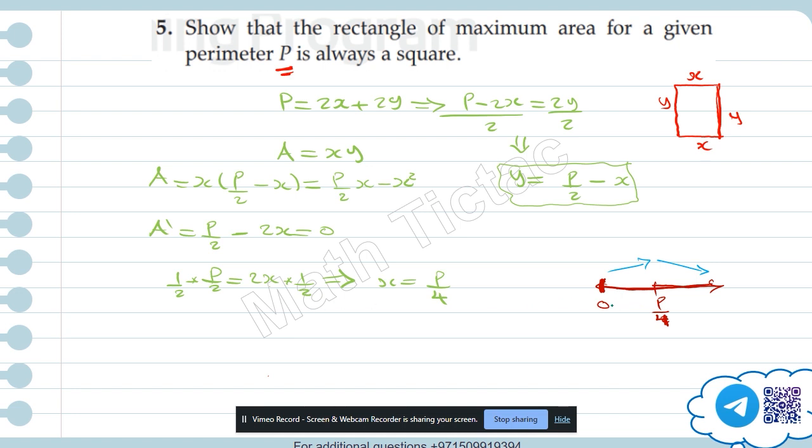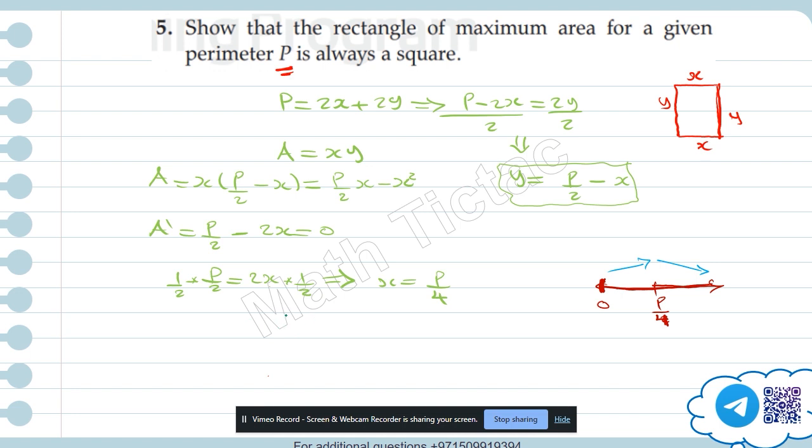It will be greater than P over 4, so let's take P over 5. P over 5 will be less than P over 4 and greater than 0, because once you increase the denominator, the whole ratio will be less. P over 5 is less than P over 4, P over 6 is less than P over 5, P over 7 is less and less, etc.